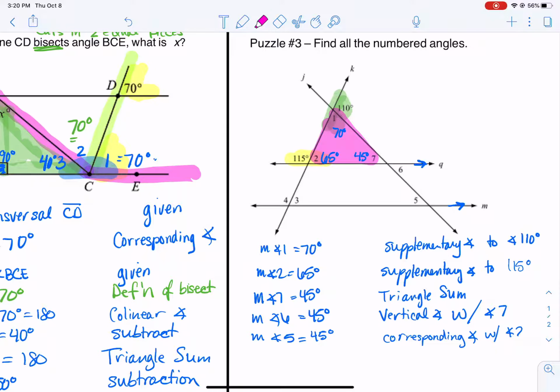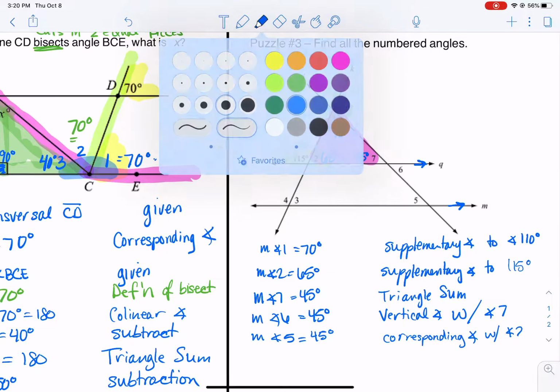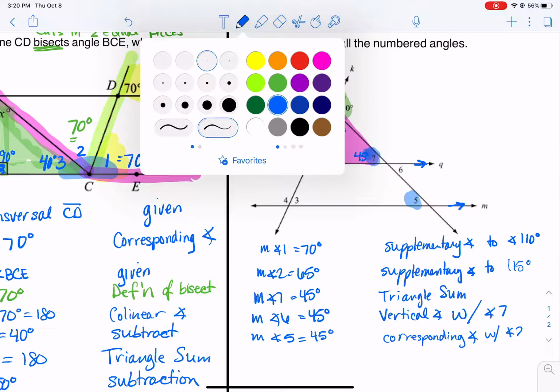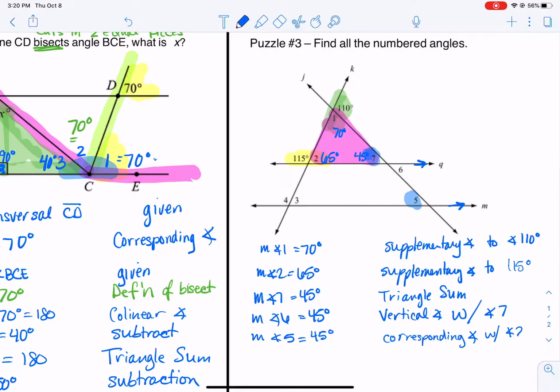So you can see that this angle and this angle are corresponding. We have to look for all the different pieces that we can find. So then we say, now I've done the whole side of this. So this was 45 degrees and this is 45 degrees. And so I've done all the angles on the right side.